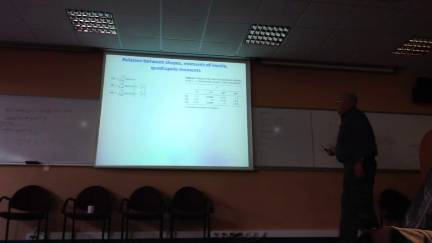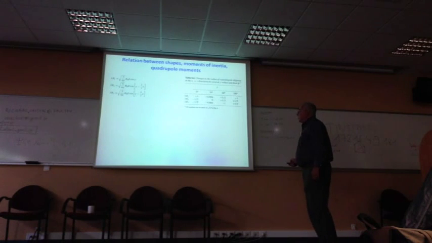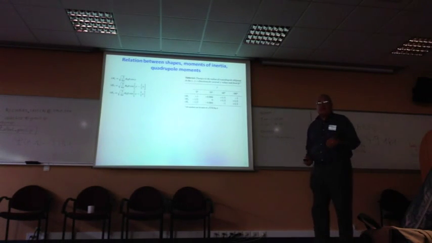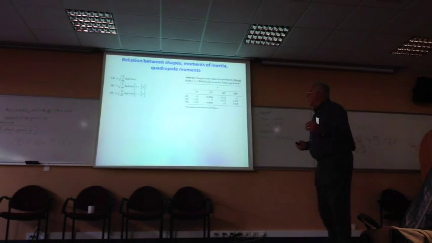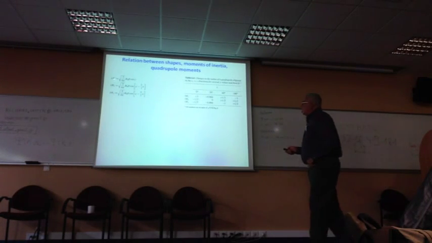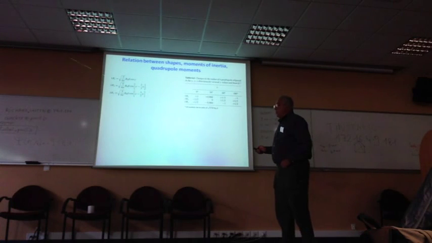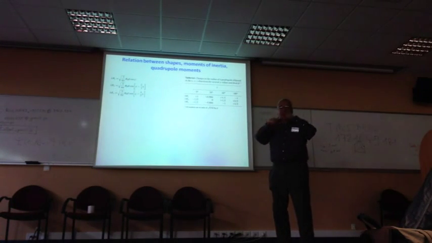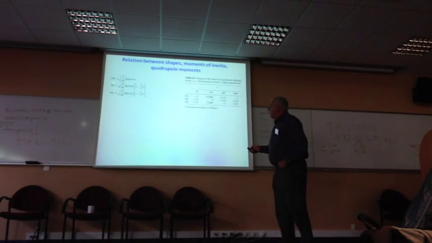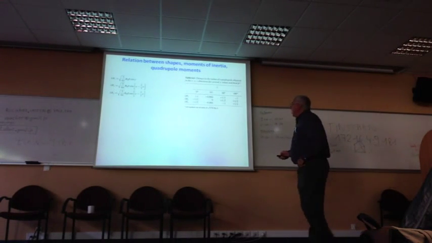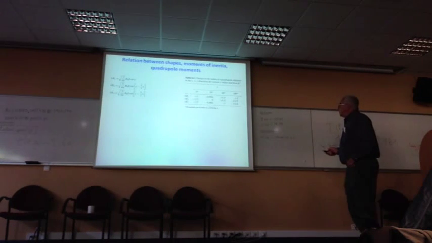Okay, so I want to collect a bunch of things here. First of all, if we have a deformed nucleus, I look at the change in radius relative to the sphere of the same volume in the z direction, which is always the elongation direction, the y direction and the x direction. These are the formulas from the previous slide. And here I collect some numbers.